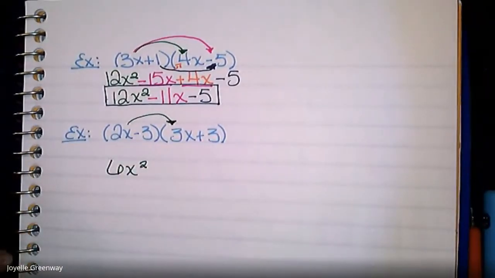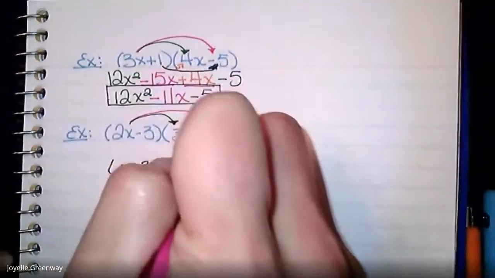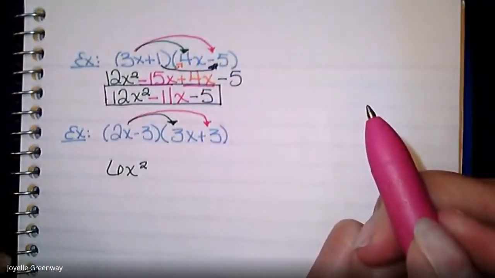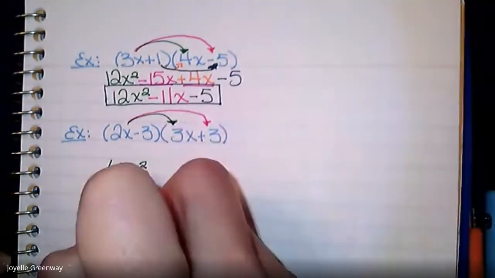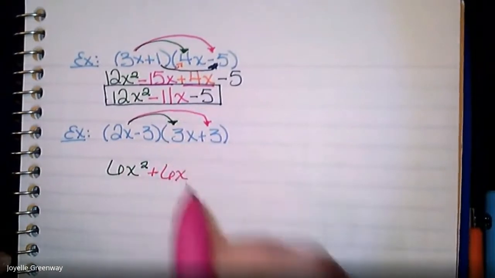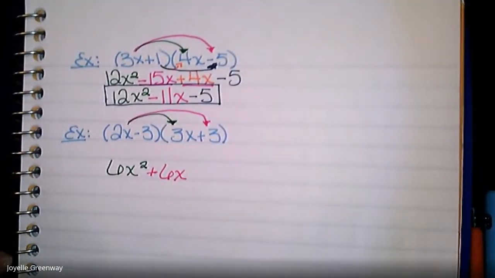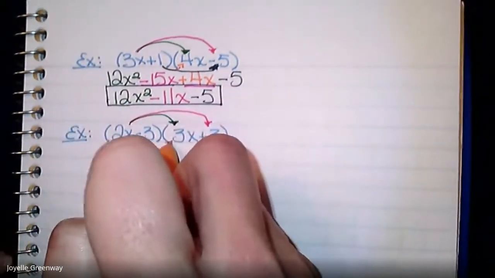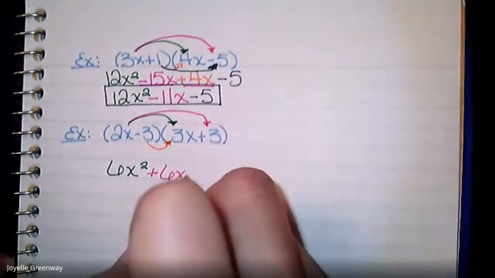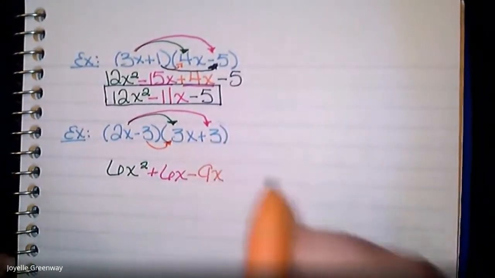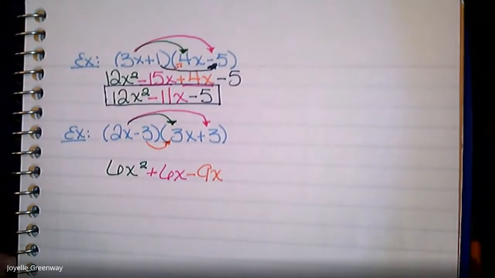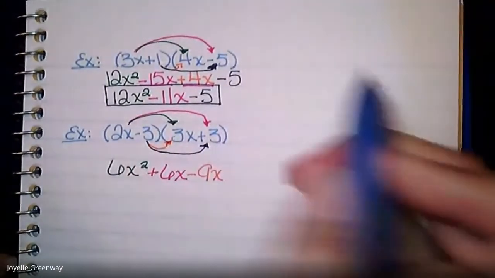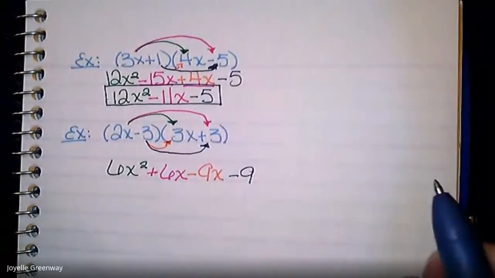So there's your first. Then the outer, you have 2x times 3, so plus 6x. Inner, we have negative 3 times 3x, so minus 9x. And then last is negative 3 times 3, which is negative 9.